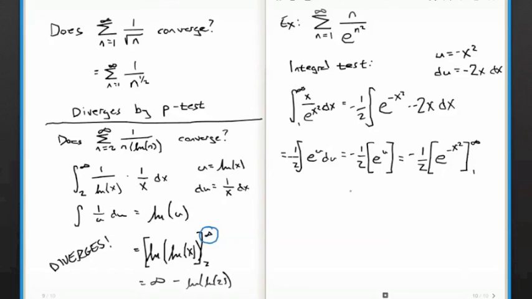Okay, well, if I do that, that becomes negative 1/2 times e to the negative infinity, which is 1 over e to the infinity squared. Well, we're pretty sure that's 0. Minus, stick a 1 in there, e to the negative 1 is just 1 over e. So I have negative 1/2 times negative 1 over e, and that equals positive 1 over 2e.